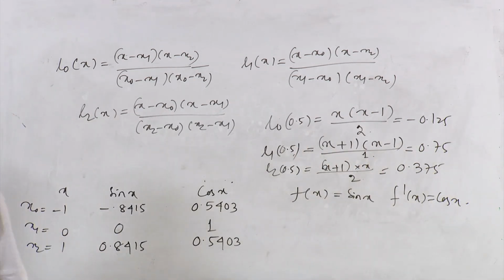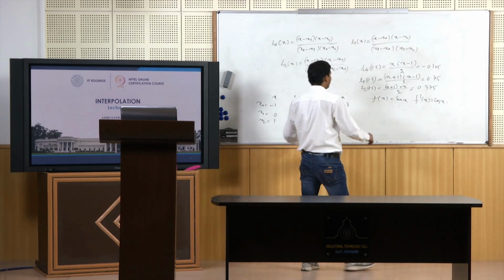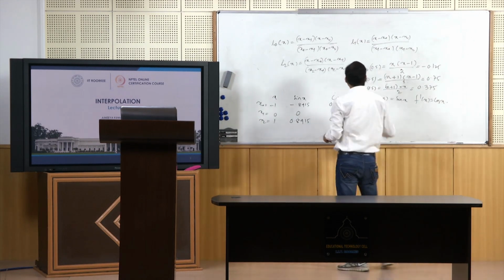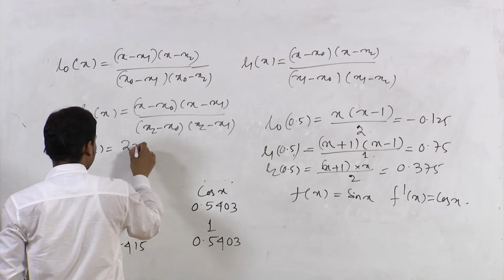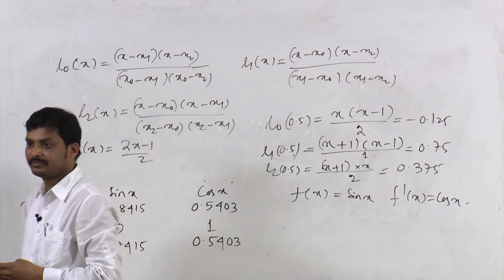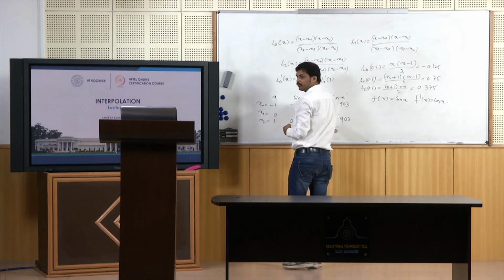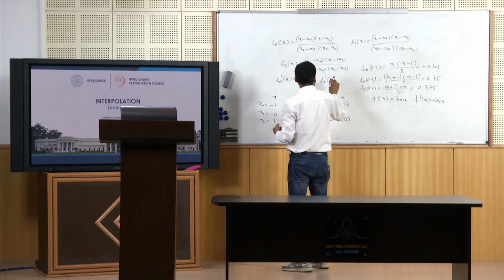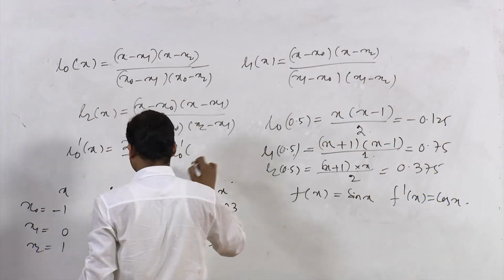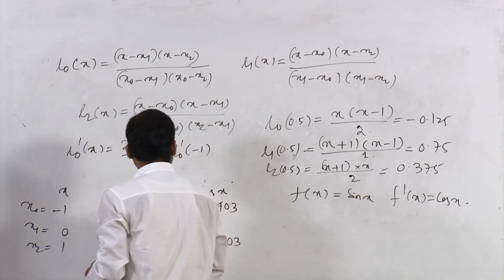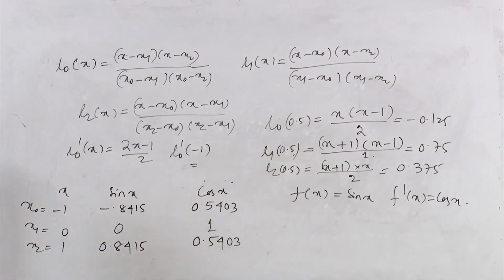Similarly we can obtain L0 dash of x by differentiating, since this is a polynomial. L0 dash of x we can write as 2x minus 1 divided by 2, and L0 dash at minus 1, since we have the point minus 1, we obtain minus 3 by 2.